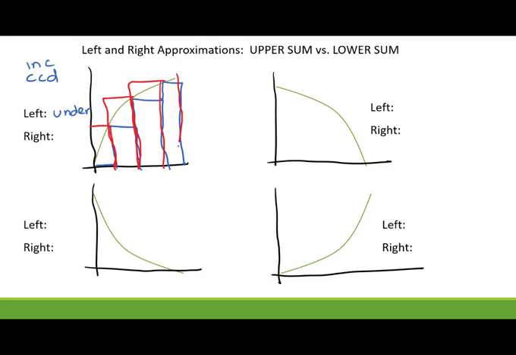To save myself a little bit of time, I'm going to do 3 intervals because I think we could see it with 3. So this one is decreasing, and that one's concave up. So my left intervals, again, look like they're going to be over.